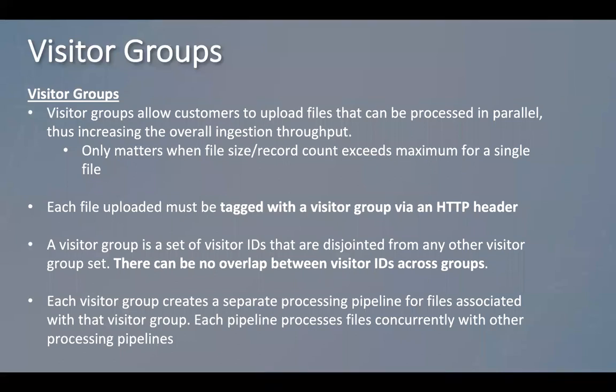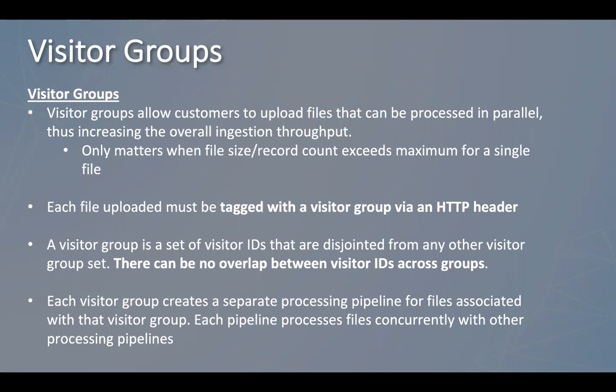Basically, if you're going to upload multiple files, each file uploaded must be tagged with a visitor group via an HTTP header, and that just tells the system that all of the visitors in this file are only in this file.